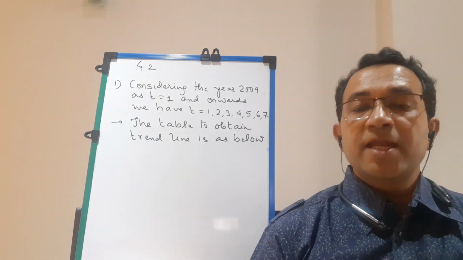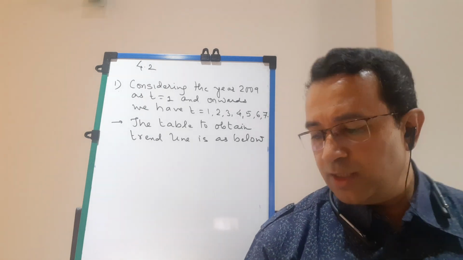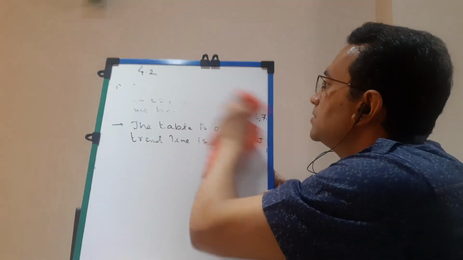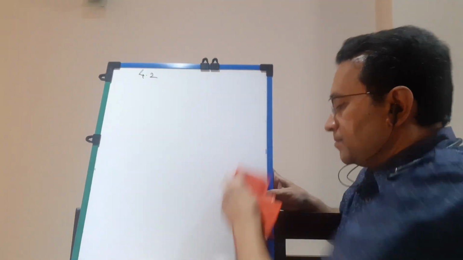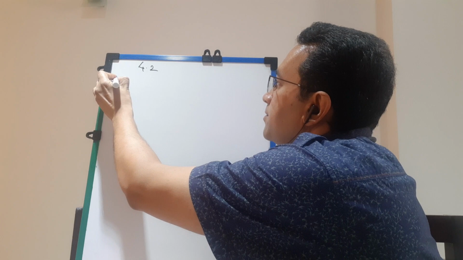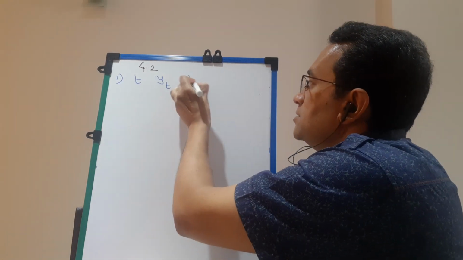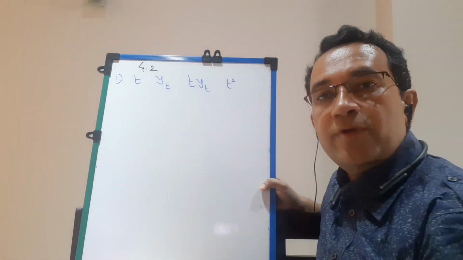So be very careful that in this type of sums we have only 4 columns, and those 4 columns are universal. Okay, so my first column will be t, yt, t into yt, and then t square.